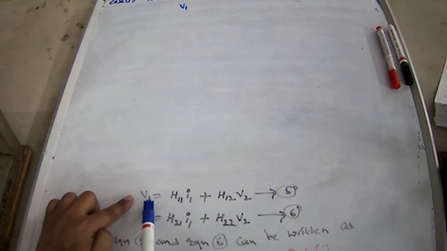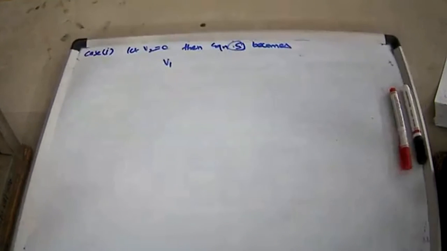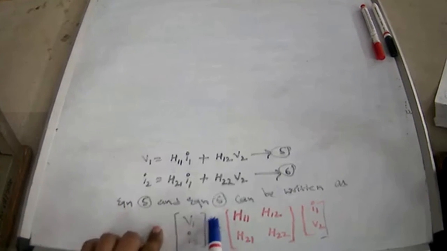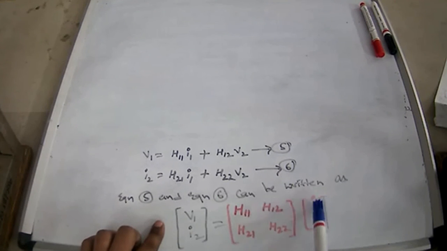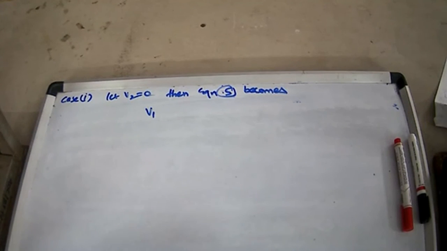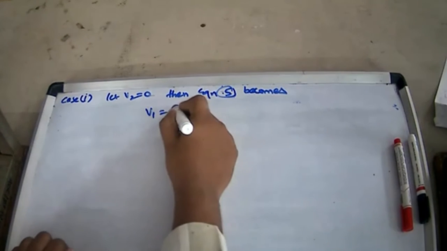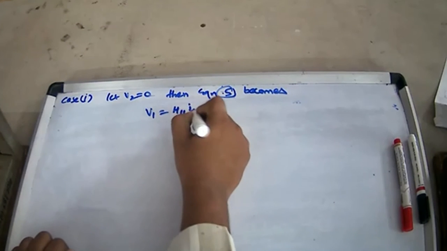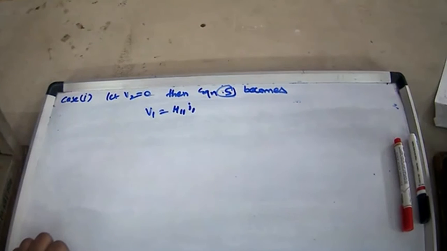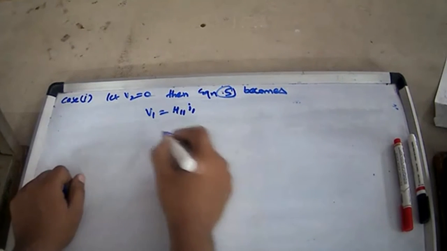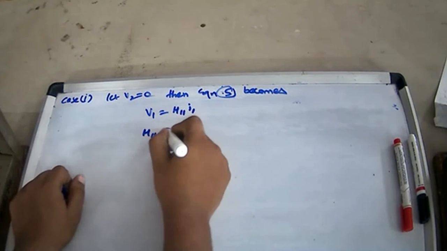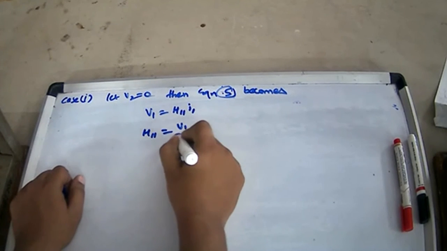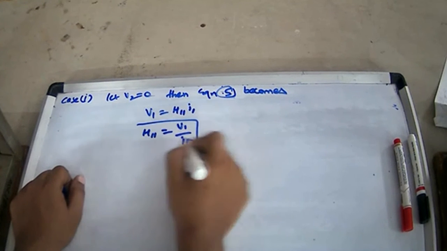So we can write directly V1 equal to H11 I1, as H12 V2 will become 0. So that's the reason directly from equation 5 we are saying V1 is equal to H11 I1. Now we can write this equation as H11 is equal to V1 by I1.